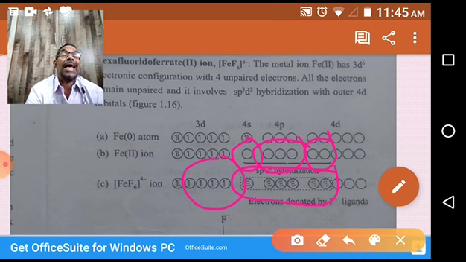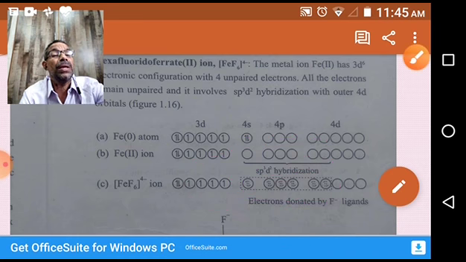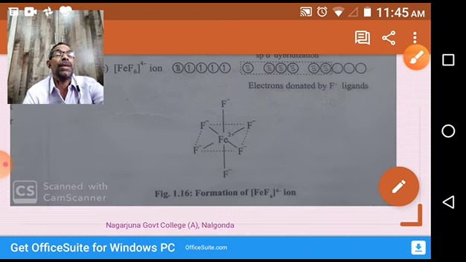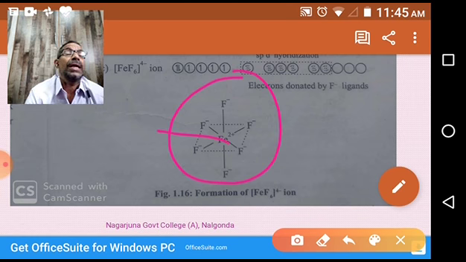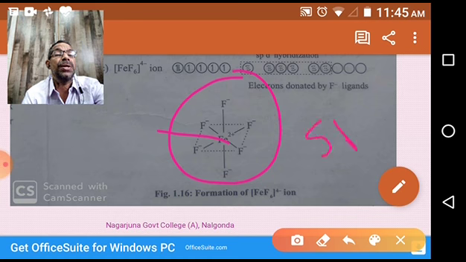So this is the explanation of valency bond theory, application of valency bond theory to hexafluoridoferrate(II) ion. I repeat, hexafluoridoferrate(II) is exhibiting this type of shape. So this is an octahedral shape. Iron plus 2 is the central metal ion. It is exhibiting sp3d2 hybridization.